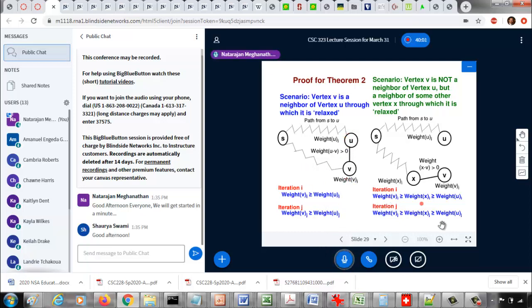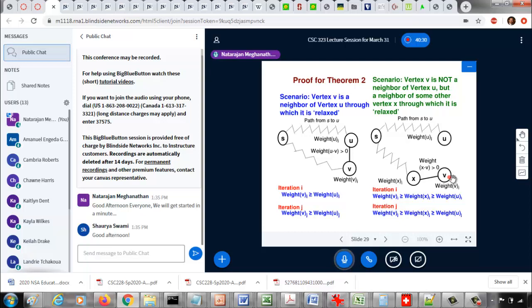Now the same logic can also be used if v is not a neighbor of u but a neighbor of some vertex x through which v gets optimized. Now again, in the ith iteration, x is not yet optimized. That's what we are assuming here, because we are claiming that when u is optimized, v is not optimized, right?